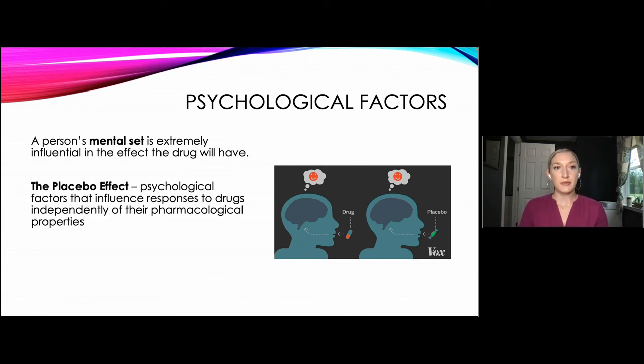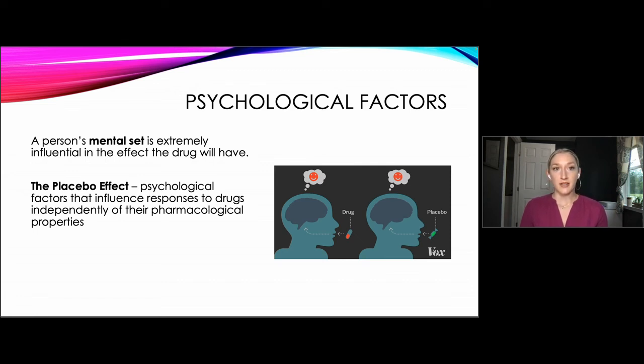This is how we can explain the placebo effect, which is psychological factors that influence responses to drugs independently of their pharmacological properties. In a lot of testing, you'll have a placebo and the actual drug. The placebo does not include the pharmacological properties that the actual drug does, to test whether or not the drug is effective.